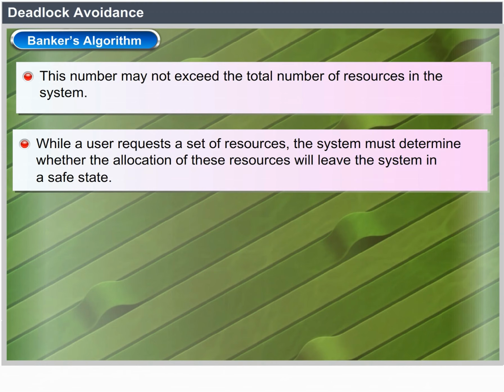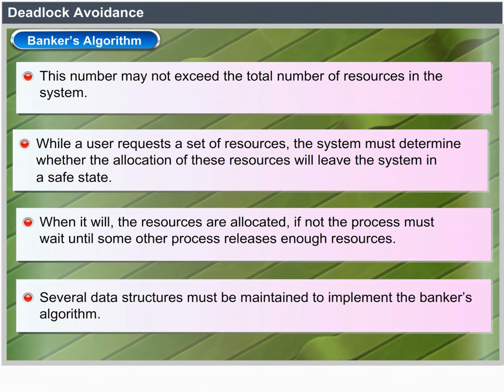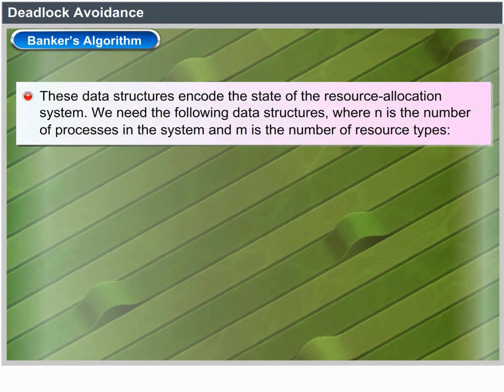If it will, the resources are allocated. Otherwise, the process must wait until some other process releases enough resources. Several data structures must be maintained to implement the banker's algorithm. These data structures encode the state of the resource allocation system.